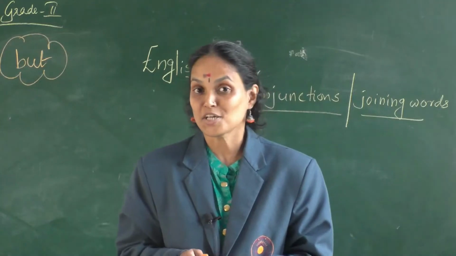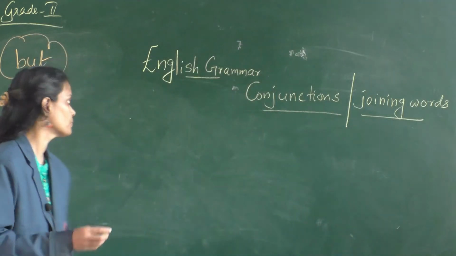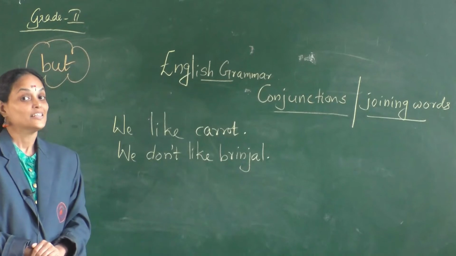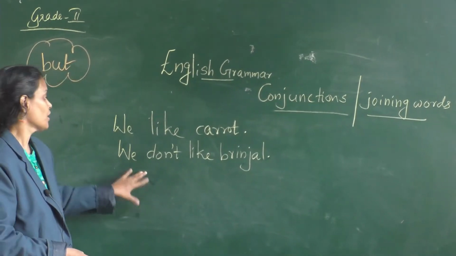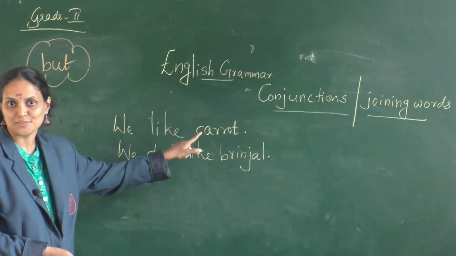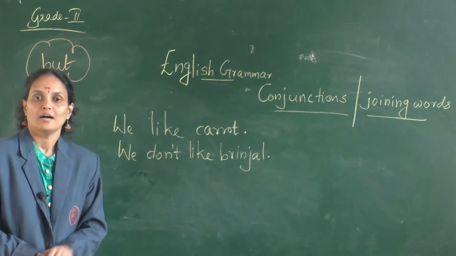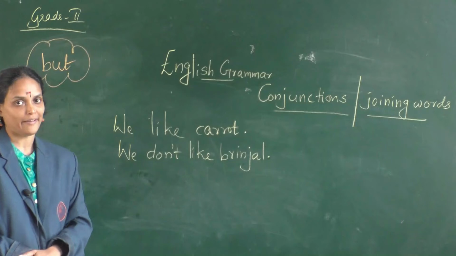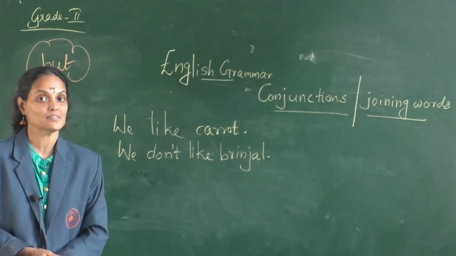Right? Let me write down these two sentences there on the board. Listen. Children, two sentences are here for you. We like carrot. We don't like brinjal. These are two different sentences, right? How can we combine them into one single sentence?